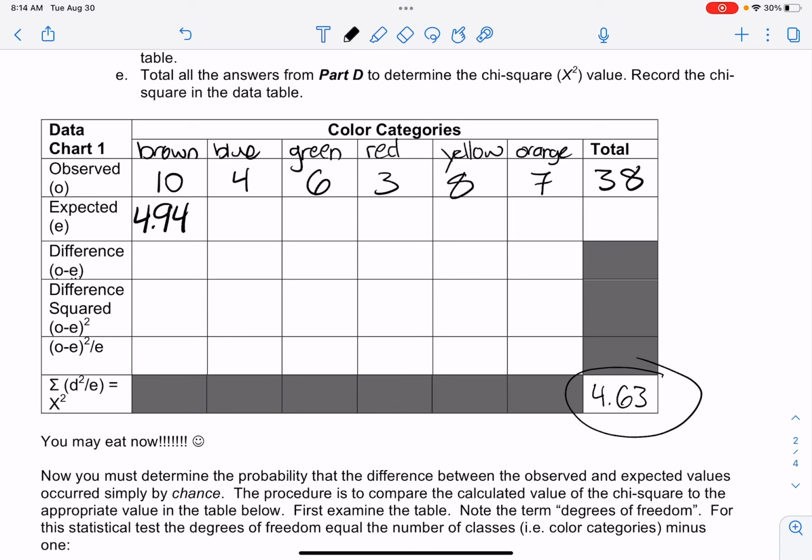So now I'm going to do the difference between those. I do observed minus expected, and I get 5.06, and then I'm going to square that number, and I get 25, and then I'm going to divide it again by my expected. That's the equation. And I get 5.18.